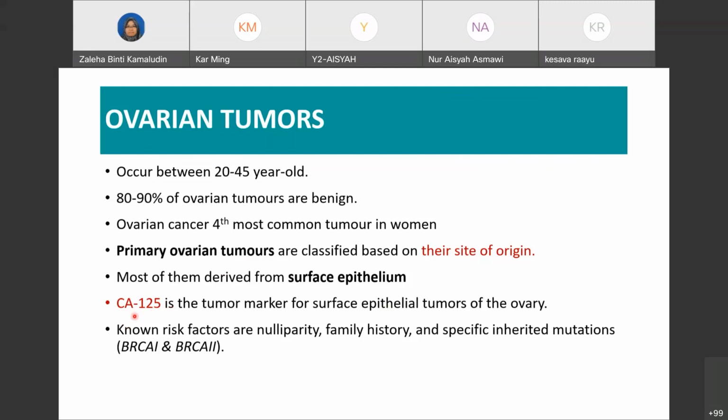Most of the time we use this for monitoring of the patient once the patient was diagnosed with ovarian CA. The general risk factors of ovarian tumor are nulliparity and family history with a specific inherited mutation, the most common being the BRCA1 and BRCA2 gene mutation. Okay, this is general about ovarian tumor.